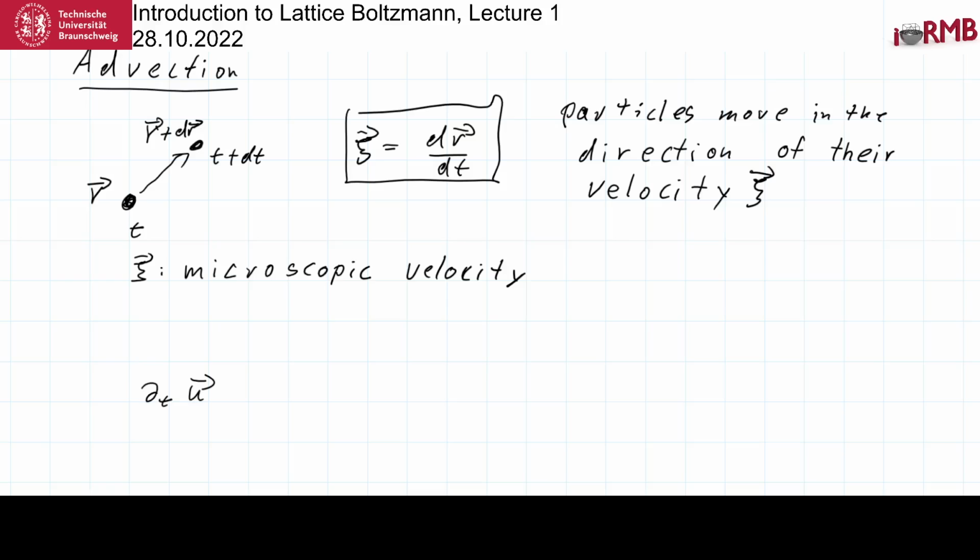So the change of the macroscopic velocity in the Navier-Stokes equation, NSE, plus u dot nabla u. So this is the advection of the velocity. The macroscopic velocity is self-advecting. Okay?